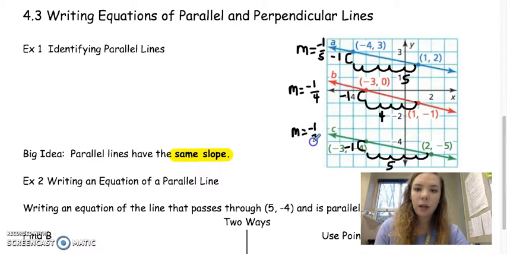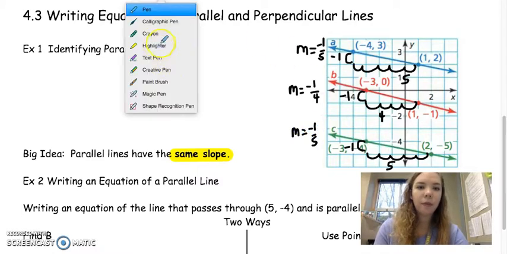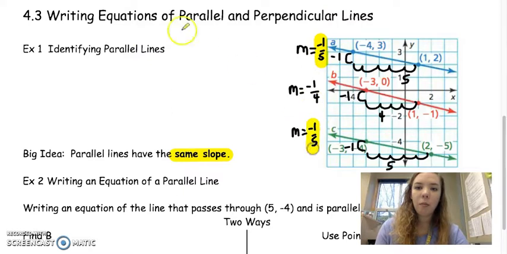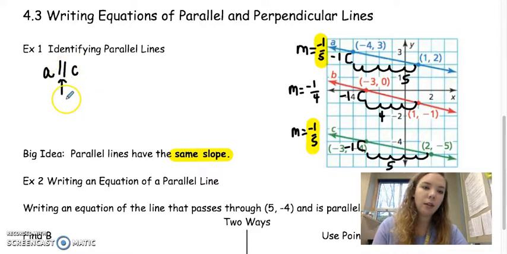Okay, so it looks like A and C have the same slope. So we'd say line A is parallel, that's these two lines, to line C. Okay, these two lines mean parallel.